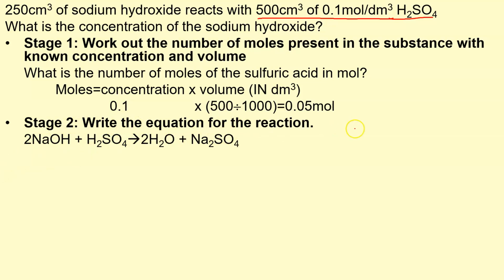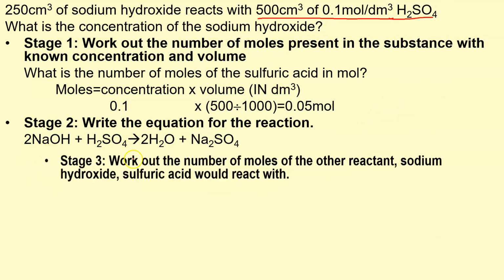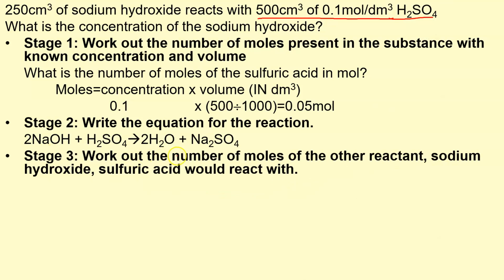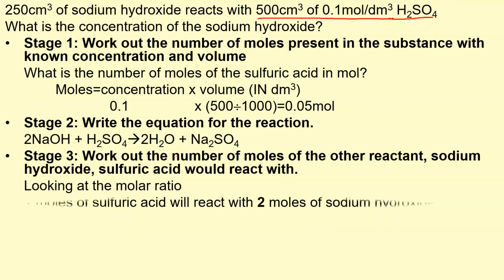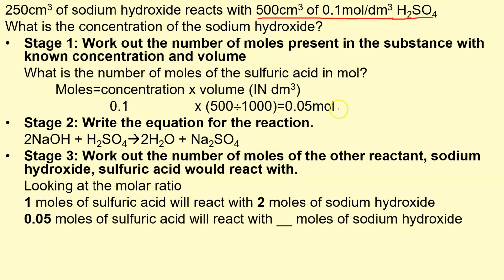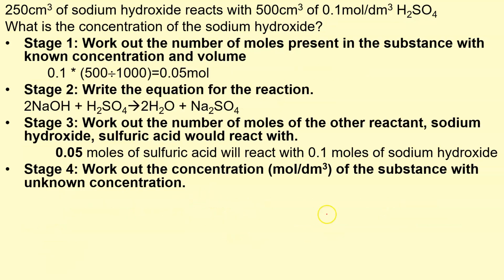So we can see from the equation, if we have 0.05 moles of sulfuric acid, it will react with twice the number of moles of sodium hydroxide. If we had 1 mole of sulfuric acid it would react with 2 moles of sodium hydroxide, however we only have 0.05 moles of sulfuric acid, so it will react with 0.1 moles of sodium hydroxide.